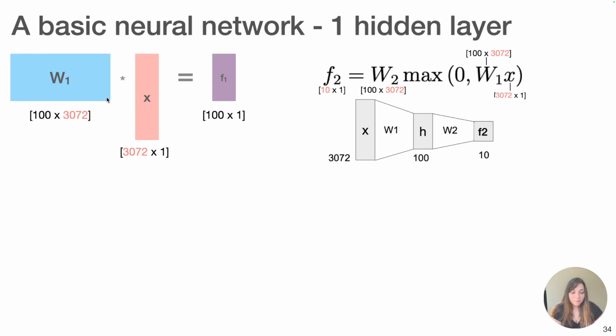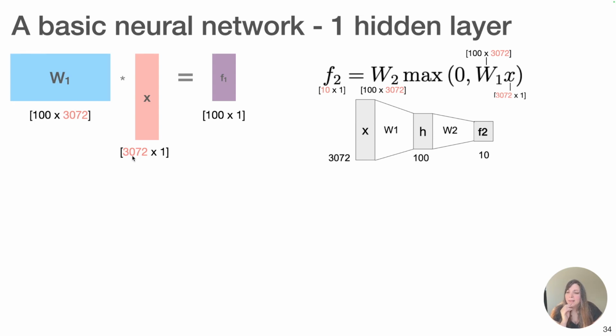If you remember from linear algebra, in order to multiply these two things, these two dimensions have to match. And this dimension of 3072 in this case is given by the data. So imagine we're working with CIFAR10, which again are images that are 32 by 32 by 3.